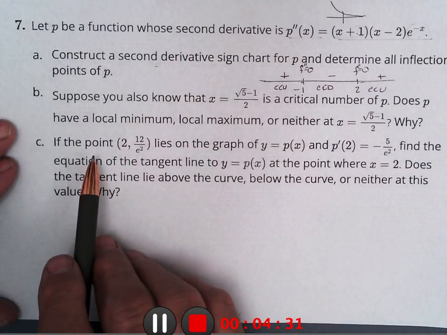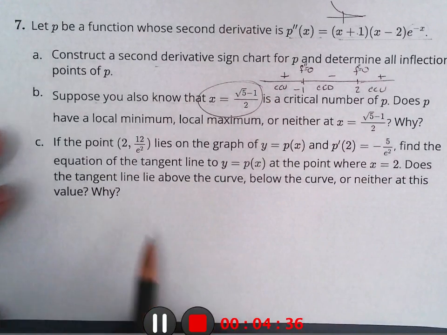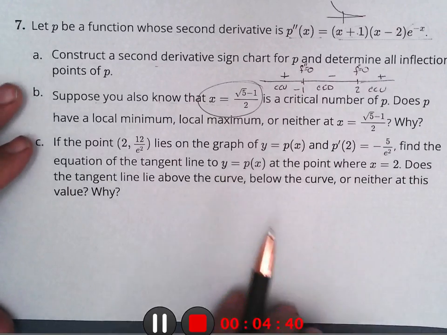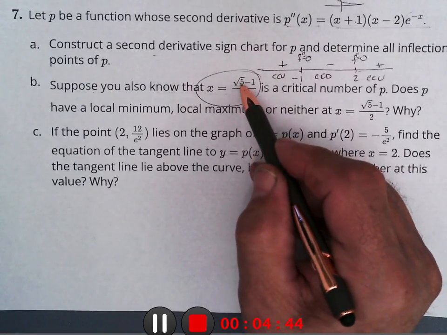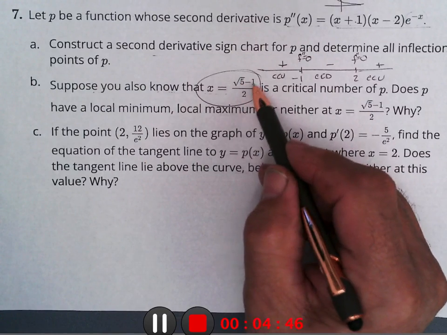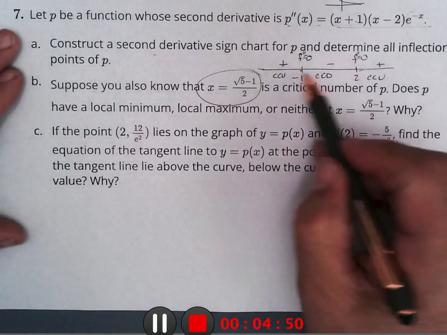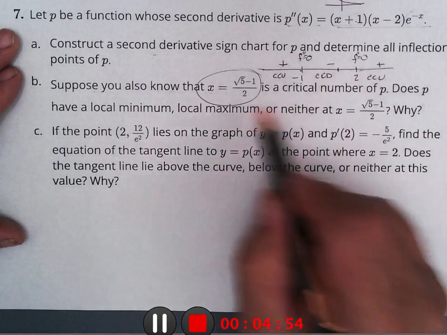Now suppose you know that this is a critical number of p. So that square root of 5 is about 2.2, minus 1, 1.2 cut in half, about 0.6. So over here someplace, 0.6, the slope is 0.